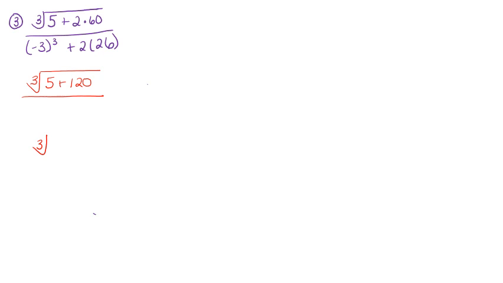Right? 5 plus 120 is 125. And then the cube root of 125 is going to be 5. 5 times 5 times 5 is 125. Again, use a calculator to find that root if you need. All right.